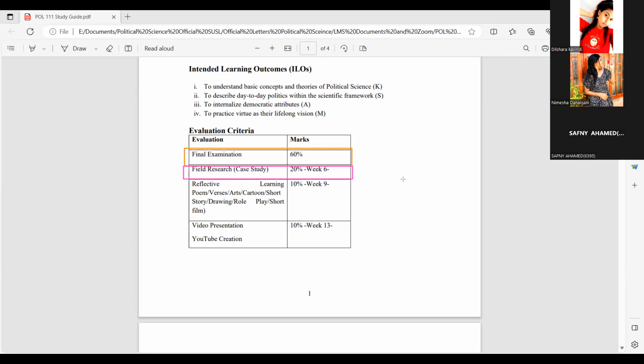By doing these kinds of things, you can learn media-related components as well, right?